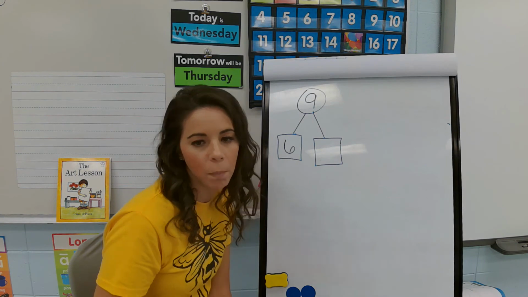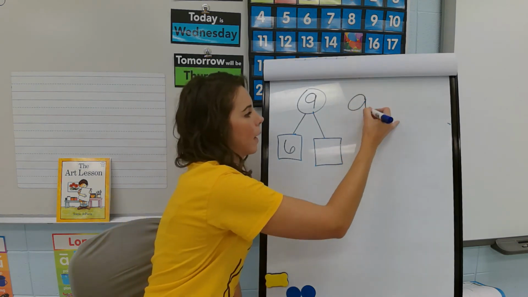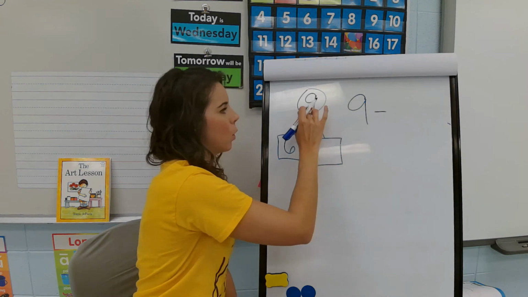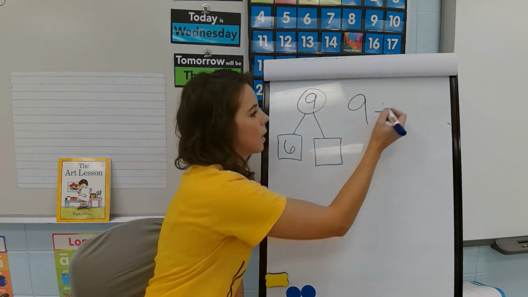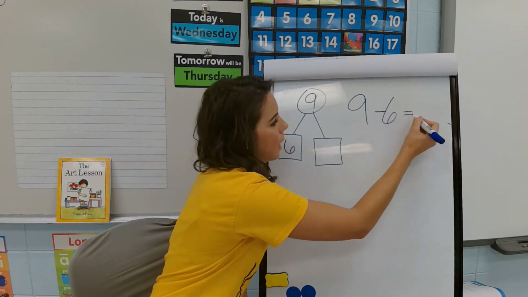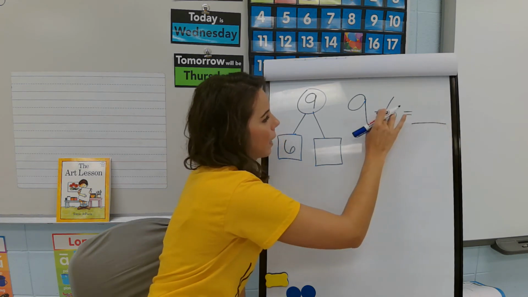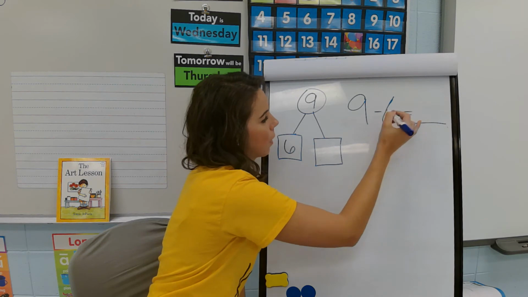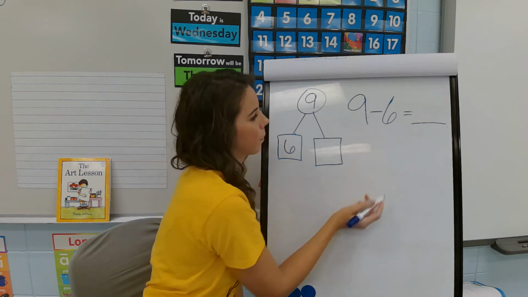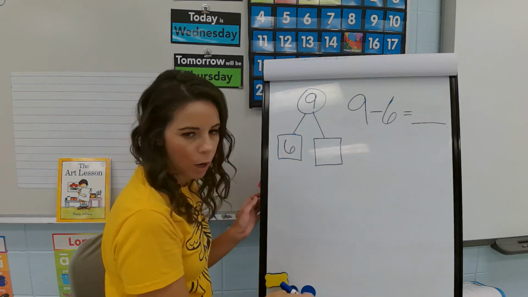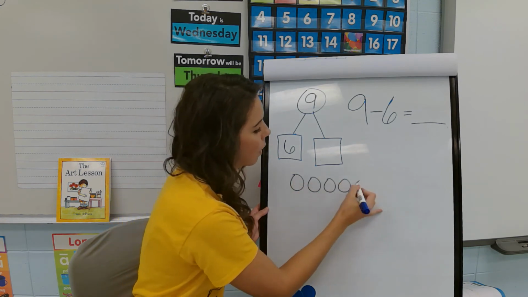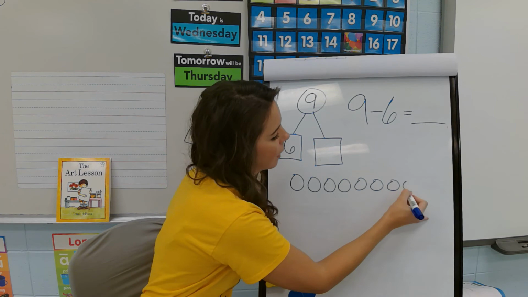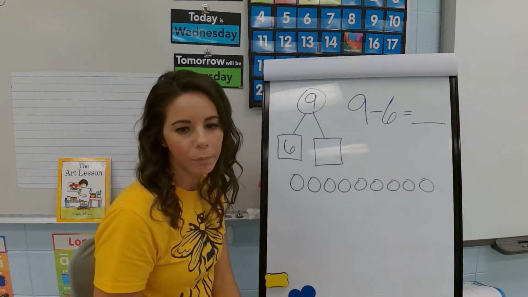Okay, so you can draw your picture if you'd like. I'm going to write our number sentence too. I have my whole number 9. I'm going to take away a part. Take away 6 equals what? Okay, so draw your picture. If I drew 1, 2, 3, 4, 5, 6, 7, 8, 9.